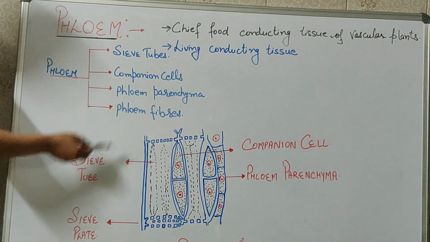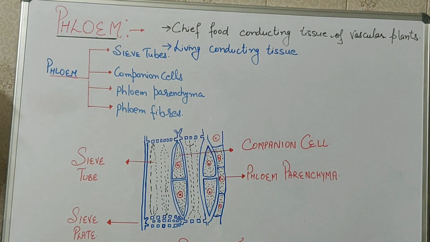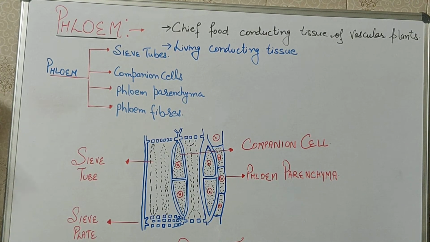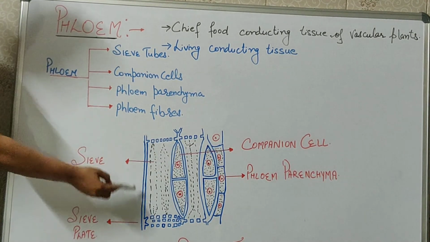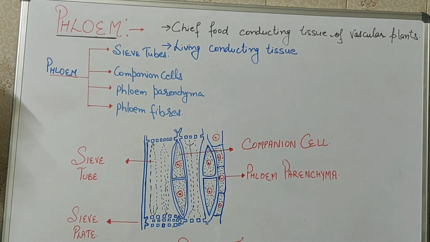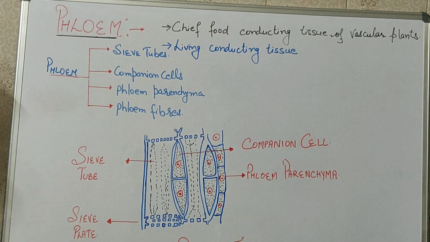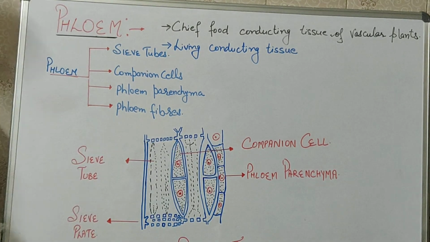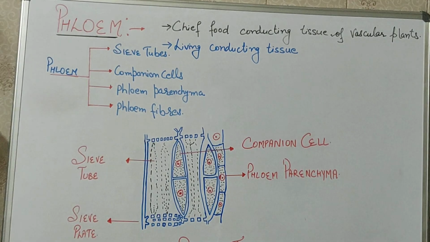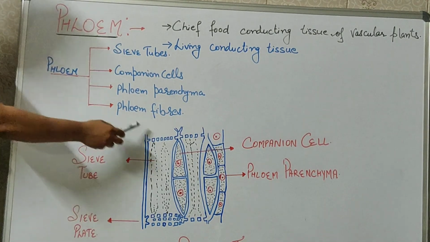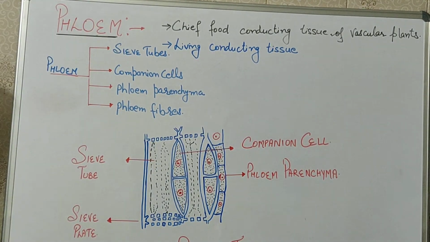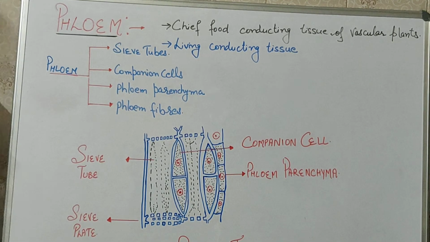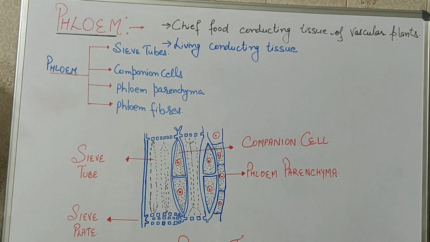This is one sieve tube element. These cells are placed end to end with each other, and at the end walls they have some perforations. These end walls are called sieve plates. Sieve plates have holes in them. These holes are called perforations, so that various sieve tube cells are connected with each other.